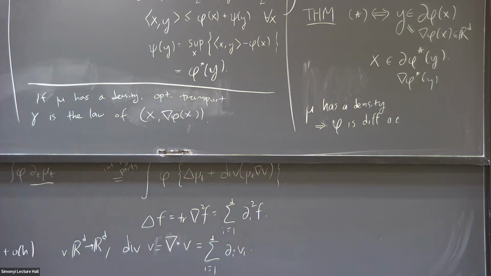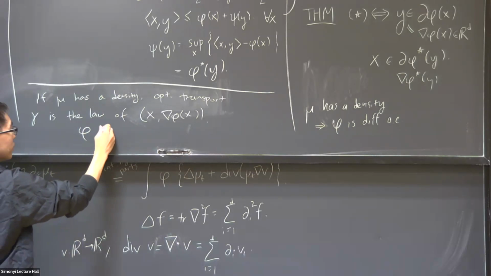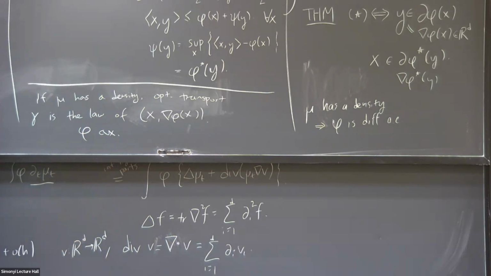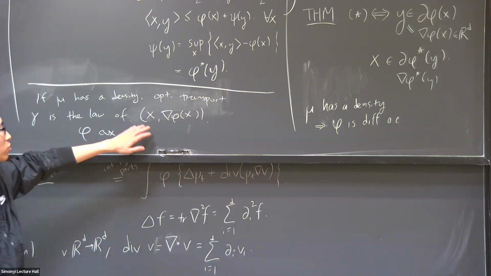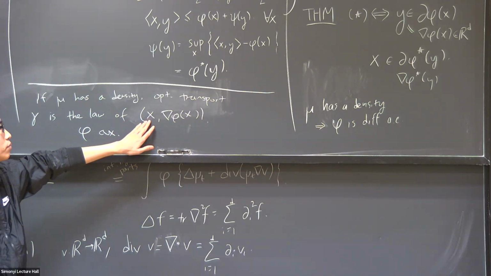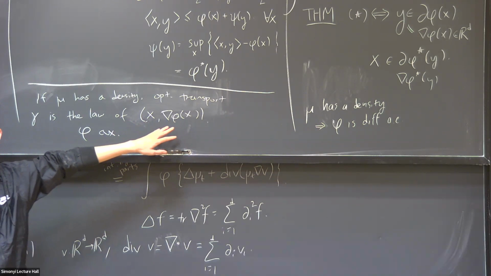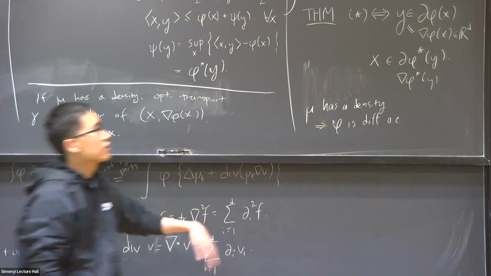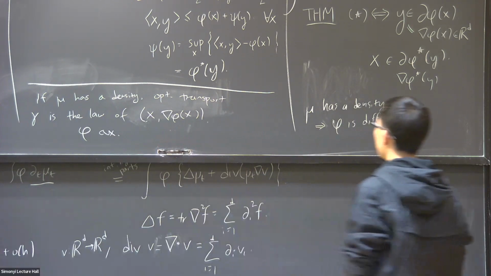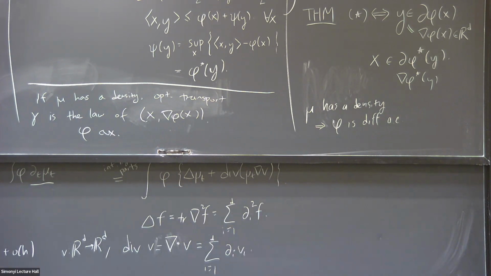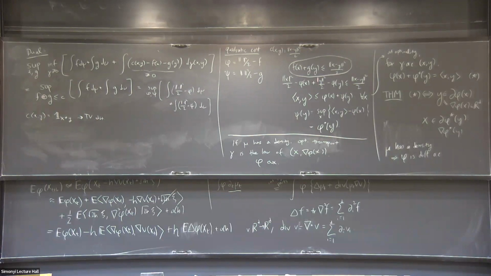So there exists a convex function phi such that the optimal transport plan is characterized by pushing forward x deterministically by the gradient of phi. So in particular, because this transport plan is of this form, gradient phi is the transport map, and it solves the original Monge problem in these cases.